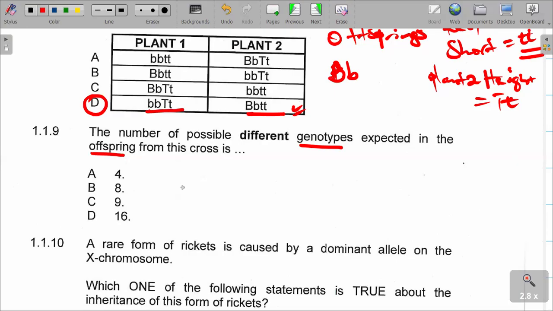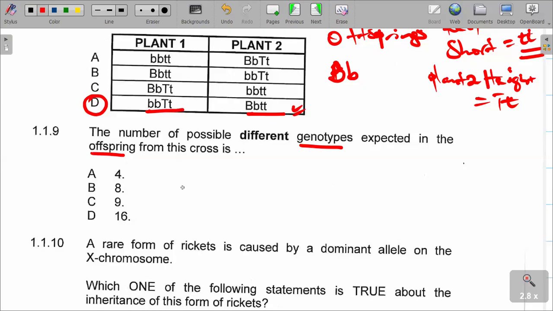We have got BBT with BT for the same gene, for the first gene, stem color. It is gonna give us heterozygous B crossed with recessive B there, and then you'll see that the total number of possible genotypes is the product of the possibilities for each independent gene.